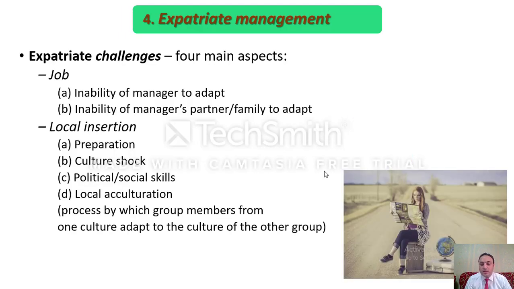So expatriates have some challenges that they face and confront when they start work abroad, and we can divide these challenges into four categories. Like the job related, like the inability of the manager to adapt in this foreign country, or the inability of the manager's partner or family to adapt in this new country.